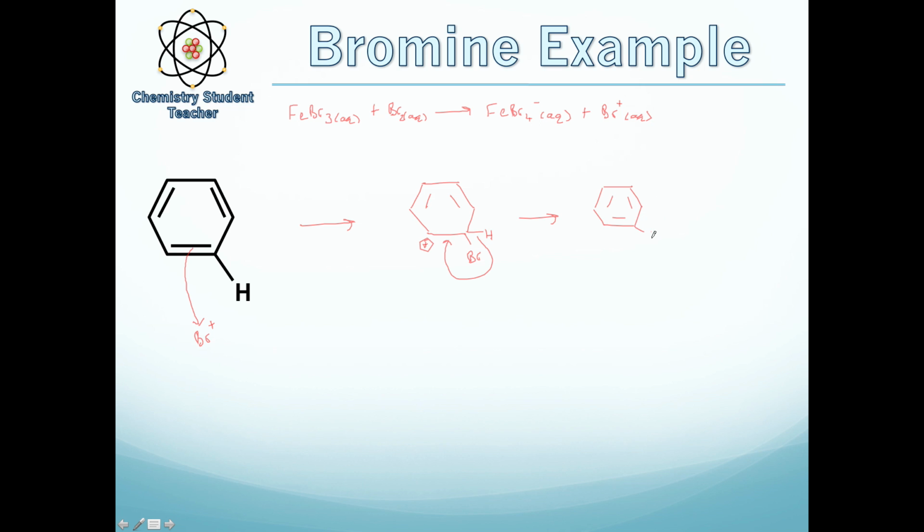But now it's been substituted, the hydrogen's been substituted for the bromine, and the proton comes out. So the pi system's been broken, it's been remade, so it's a lot more stable once again. And now this proton can attack the FeBr4 minus molecule and form the catalyst back again, FeBr3 and hydrogen bromide, which all takes place in solution once again, so don't forget the state symbols when you're writing it out.